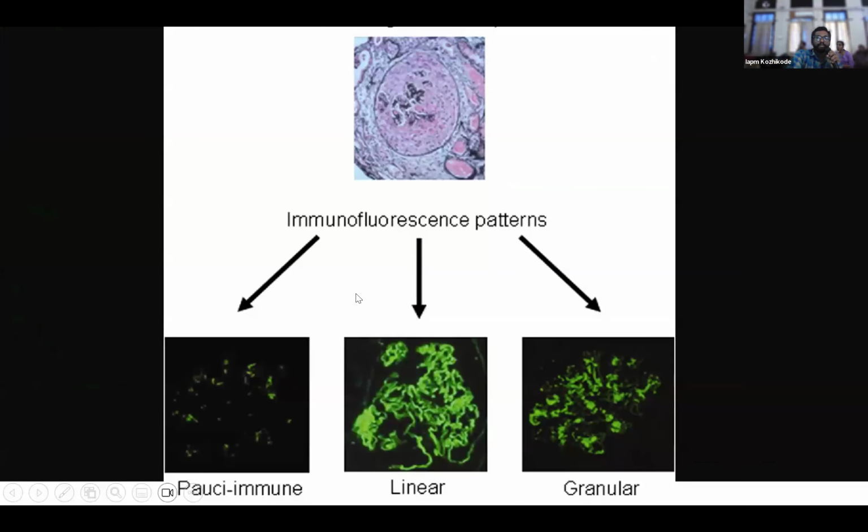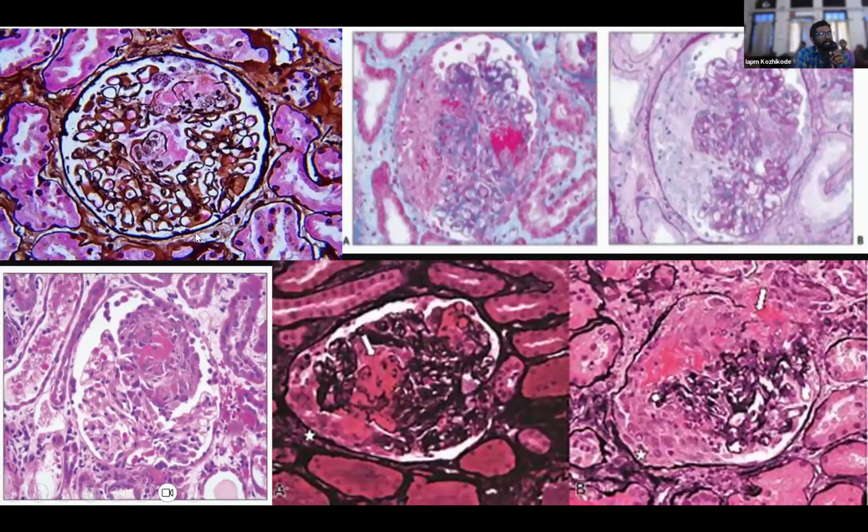And there will be cases in which you may not get any deposits. Such cases are called pauci-immune because we are not getting any immune deposits. So this is a classification: linear in anti-GBM, granular in immunoglobulin mediated, and pauci-immune. There are slight histological differences. You can have necrotizing glomerulonephritis in pauci-immune associated with ANCA.